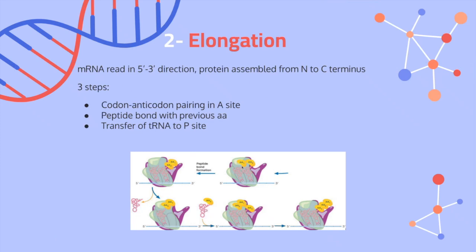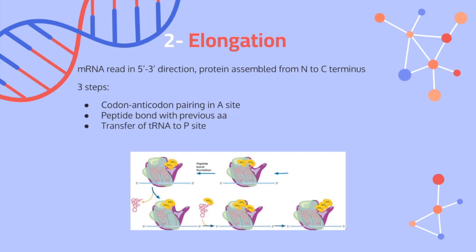All right, next we have elongation. The mRNA is read in a 5 to 3 direction, and the protein is assembled from N to C, from the N terminus to the C terminus. These orders are very important because, as you might remember, for DNA replication, it's going to be a certain order.